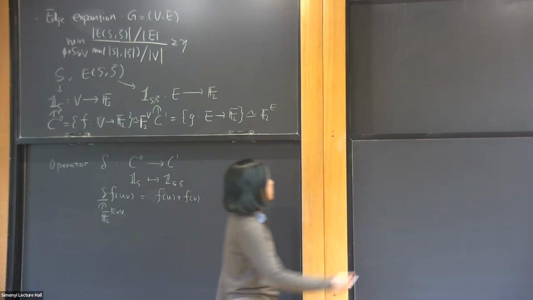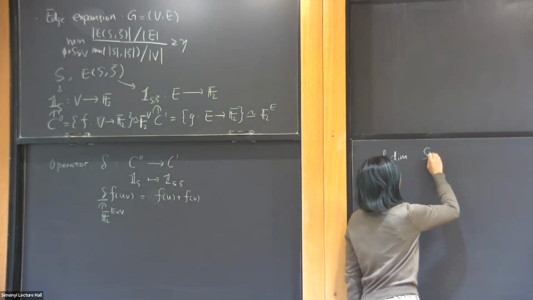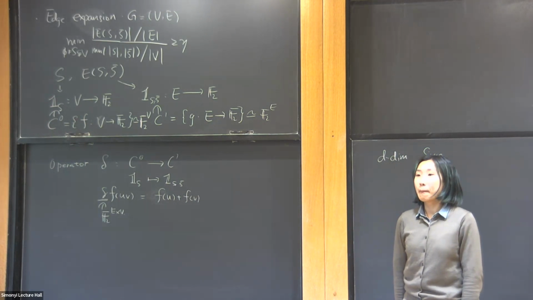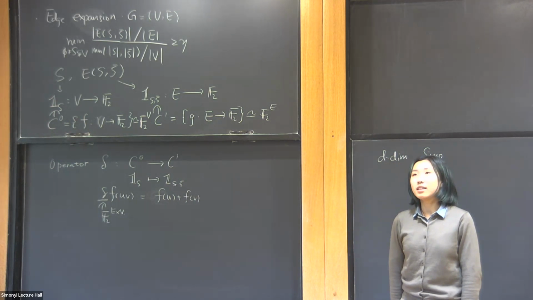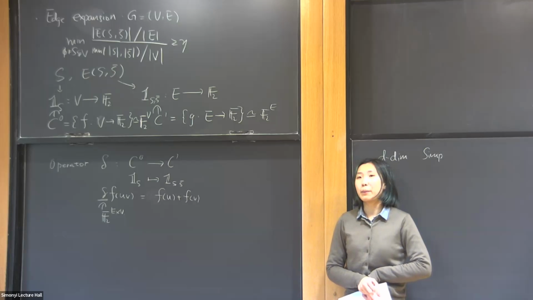Next, we'll talk about what a d-dimensional simplicial complex is. F2 is special because it captures cuts, right? Yeah, there are other choices that have other interpretations.